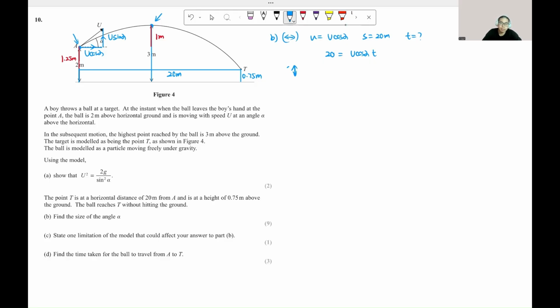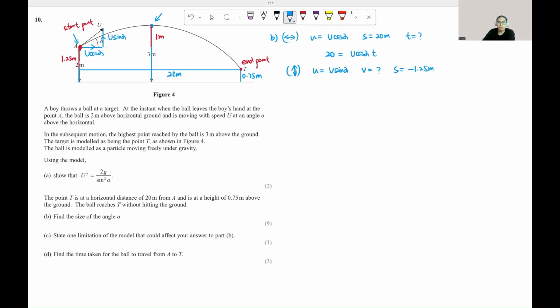And if we look at the vertical direction, again we know the initial velocity will be u sine alpha. This time, we will use point A as our start point, and then point T will be our end point. We don't know the velocity at point T, so we don't know what v is. But we know s is equal to negative 1.25 meters, and we also know acceleration is equal to negative g.